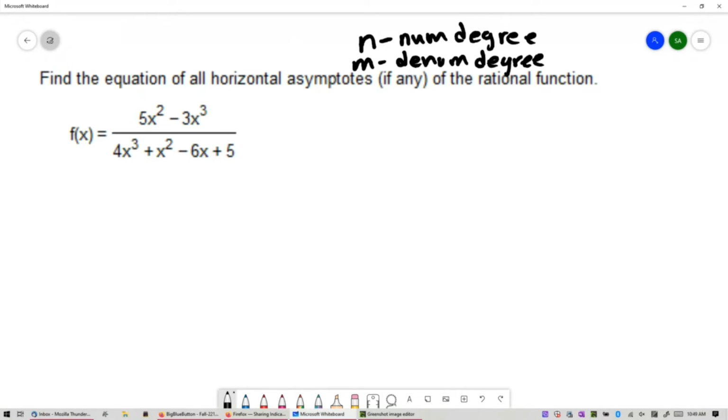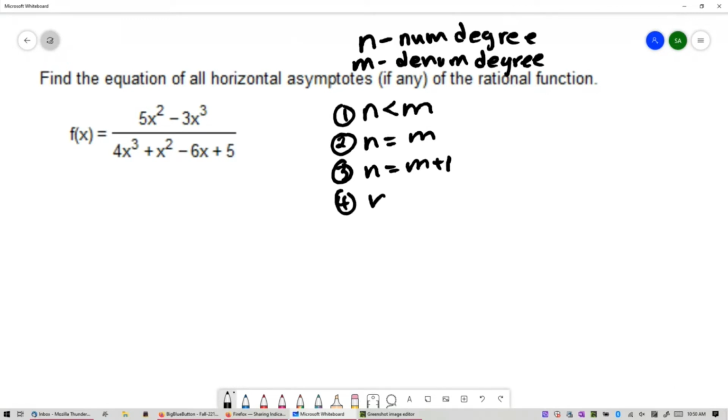We have 4 different comparisons that we focus on: n is less than m, n is equal to m, n is equal to m plus 1, and n is greater than or equal to m plus 2.